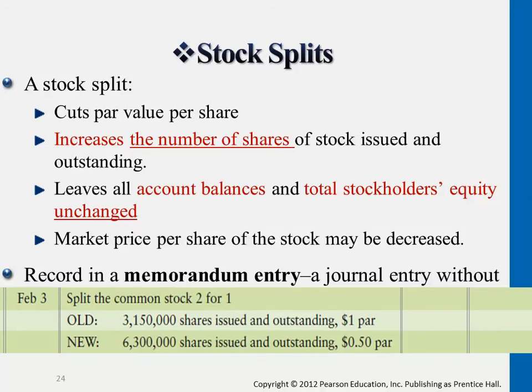So this example is 2-for-1. It could also be 3-for-1. So if it's 3-for-1, the number of shares would be whatever the original number of shares was times 3. And then the par value would be about 33 cents, 1 divided by 3. If it's 4-for-1, then you will see 25 cents here.